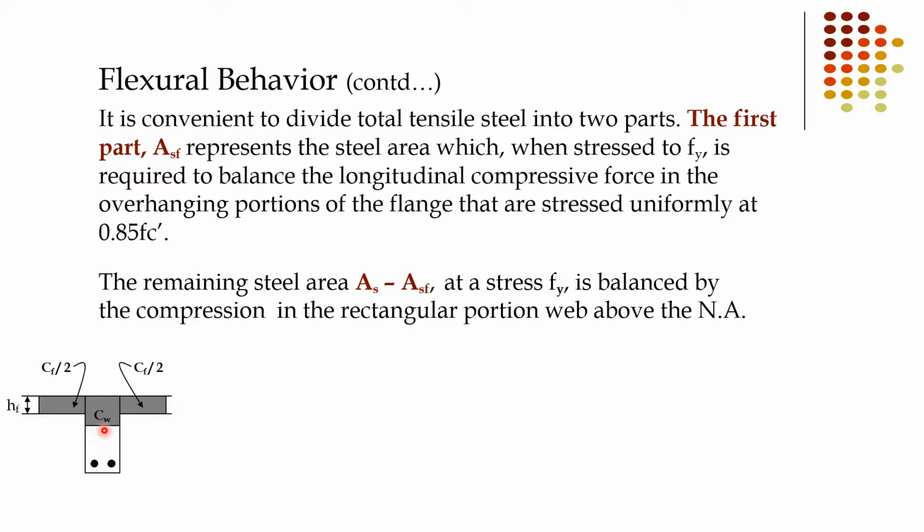This means one part of the steel will be balanced by Cf and the other part by Cw. Here Tf is equal to Asf fy and Tw will be equal to Asw fy. So Asw will be total steel minus Asf, that will be the remaining steel Asw.